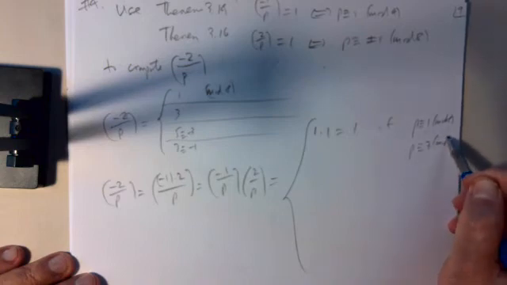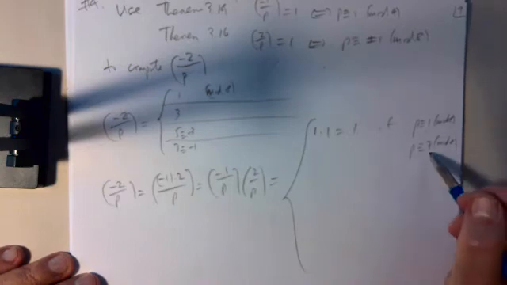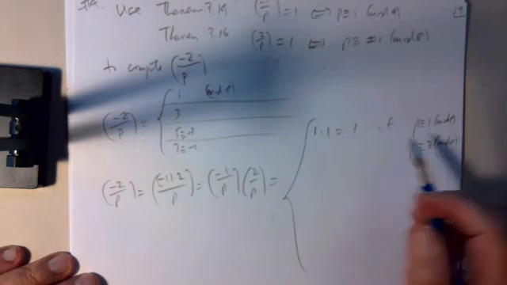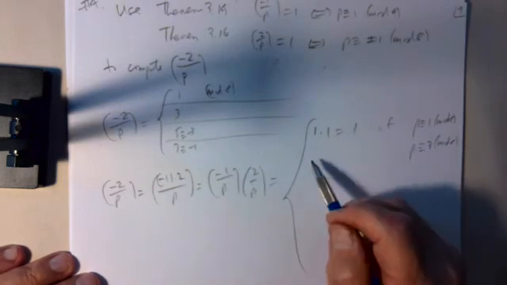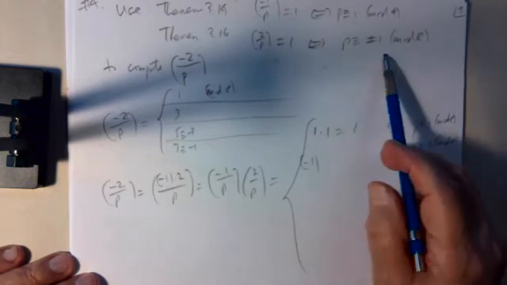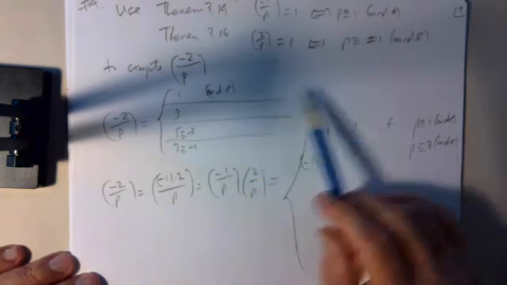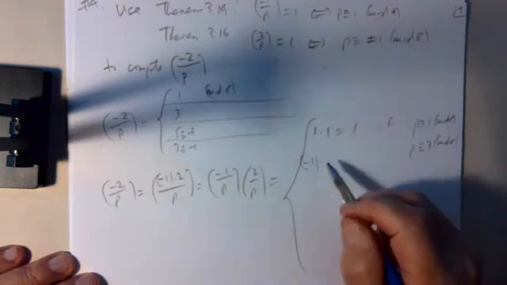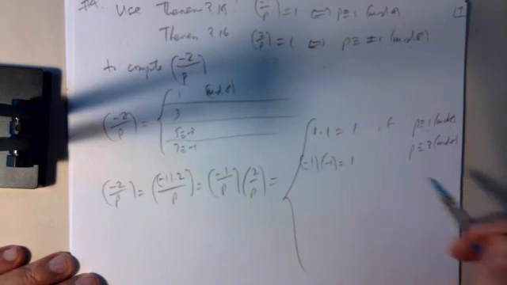Suppose p is congruent to 3 mod 8. That means p is also congruent to 3 mod 4. So -1 over p is -1. 2 over p, p is congruent to 3 mod 8, this is also -1. We get a +1.